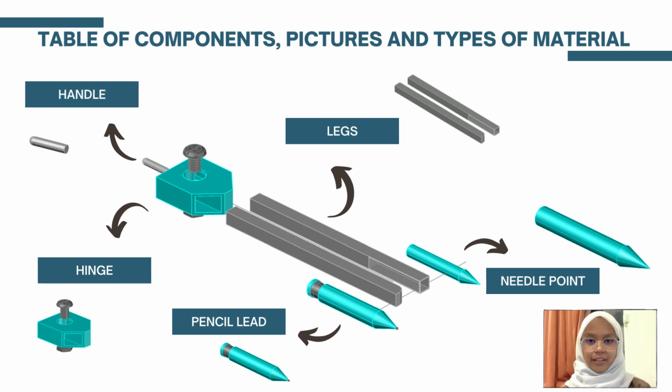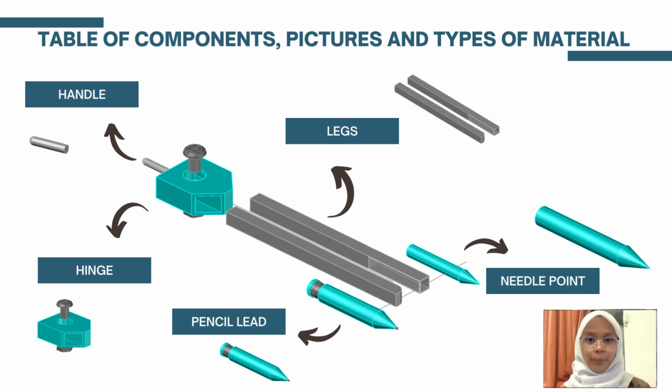As you can see here, this compass is divided into 5 components, which are handle, legs, pencil lead, needle point and hinge. Each component has its own function. The first component, the handle, is to grip between your pointer finger and thumb.